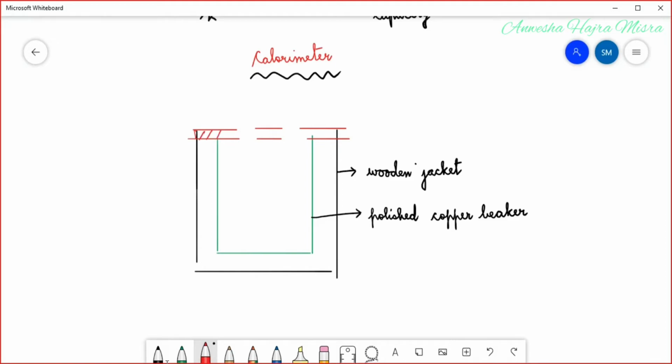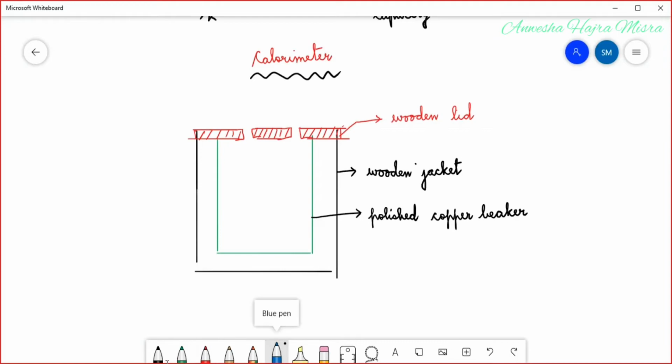This is a wooden lid which has two holes.